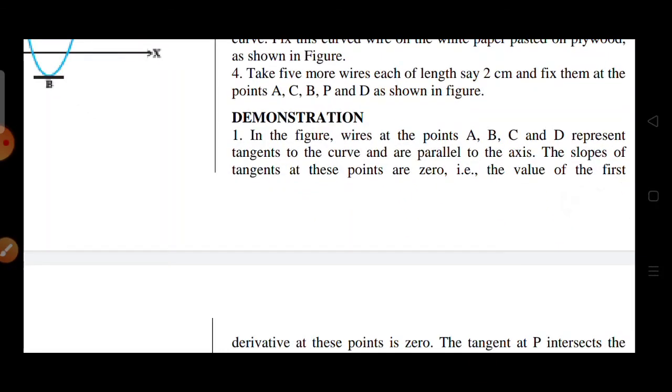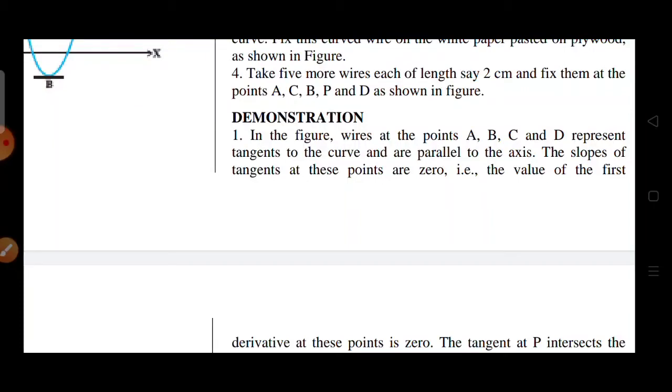Now in the figure, the points A, B, C and D represent tangents to the curve, as you see in the figure, and they all are parallel to the x-axis. The slopes of the tangents at these points, we know, must be 0.